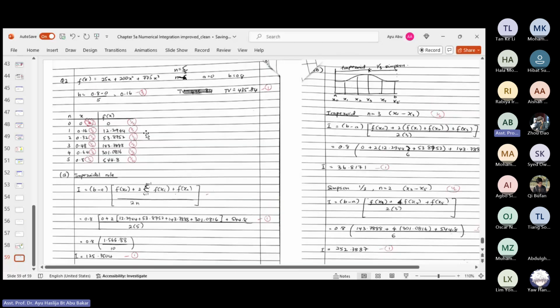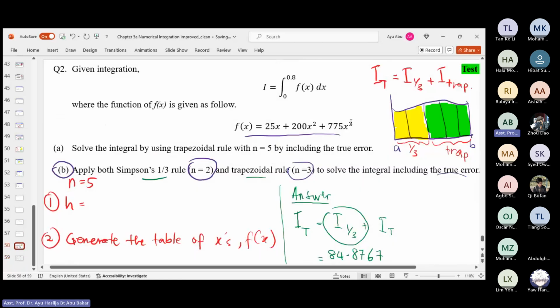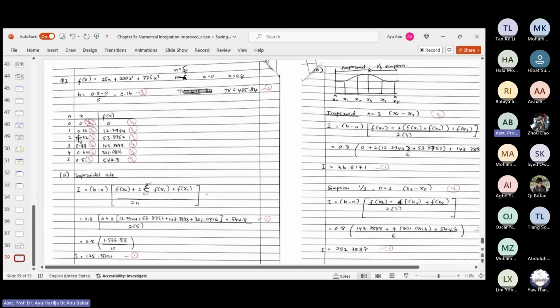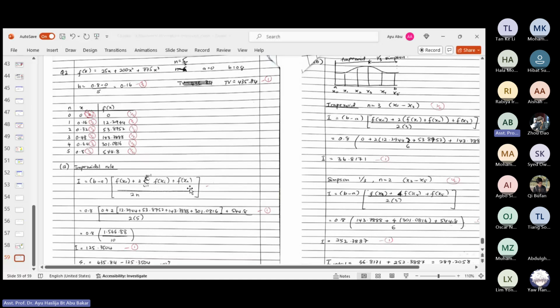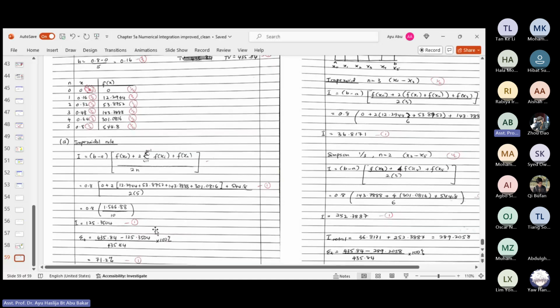Now this is how the marks are distributed for this question. To know, you need to find the true value. Substitute into the calculator the equation using this A and B. The values of the x-axis and the f-axis get marked, and then input into the correct equation you get marked. Final answer.